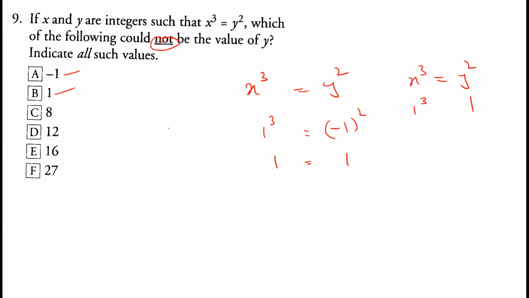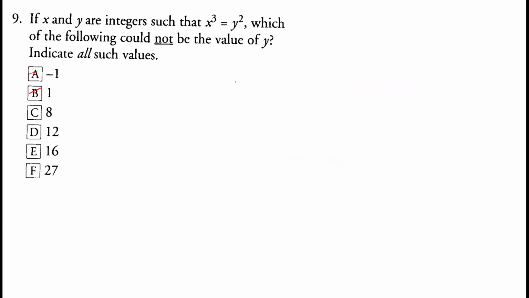Now how about 8? So A and B were possibilities. So x cube equals y square. Now 8 can be written as 2 raised to power 3. So 2 raised to power 3 raised to power 2 will be 2 raised to power 6. Now this can be equal to 2 raised to power 2 raised to power 3.